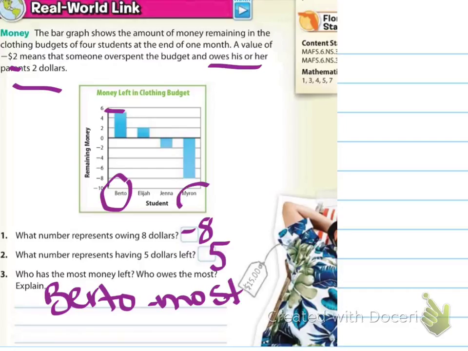It looks like Myron is going to owe his parents a lot of money. So Myron looks like they owe -$8. Okay, so Berto has the most where he has $5 and Myron has -$8. I mean that he owes his parents. So Berto has extra money and Myron has negative money.